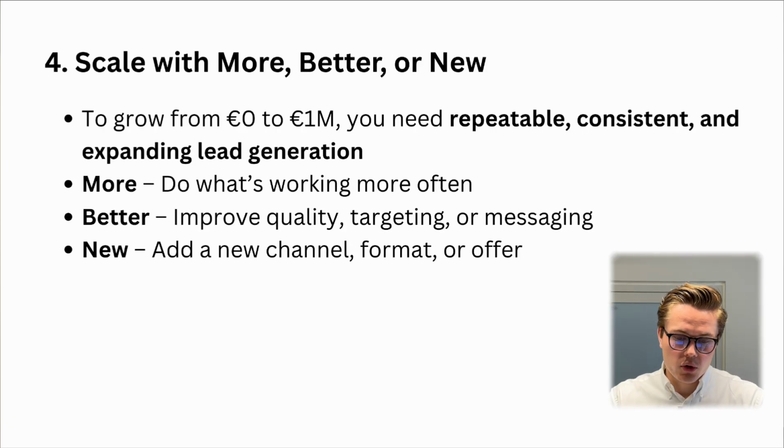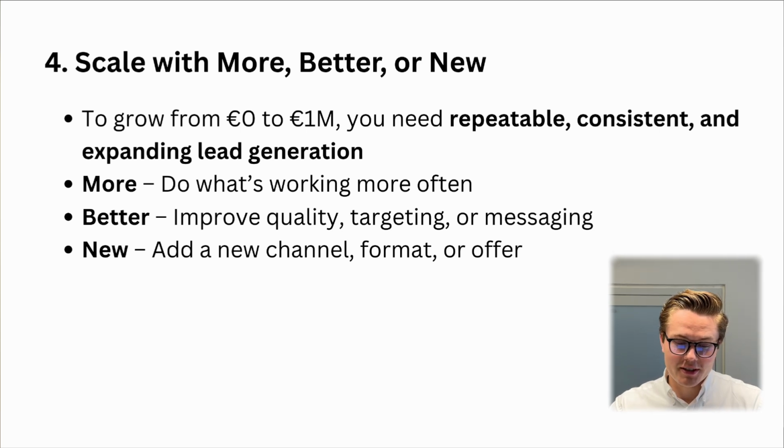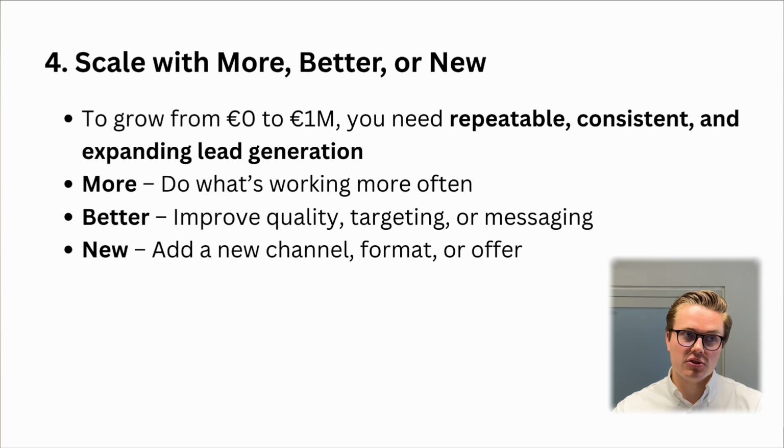Next, scale with more, better, or new. One thing that I noticed I have forgotten to include is the so-called lead magnets. Lead magnets are ways for you to attract your engaged leads to come to your website or whichever way you are going to offer your product or service.